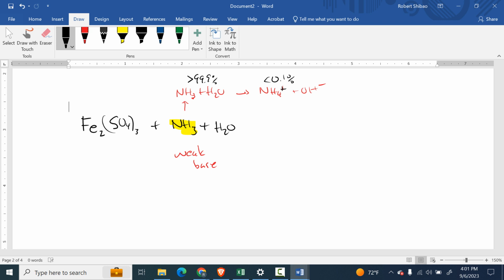And the ammonia and water are going to hydrolyze weakly to form a little bit of ammonium hydroxide. The ammonium hydroxide, I'm going to put in quotation marks here because it's not stable. But even if a small quantity of hydroxide is generated, it can form a precipitate. And so this gives me my double replacement form. This is AB plus CD. So we're going to take A and D, iron 3 and hydroxide.